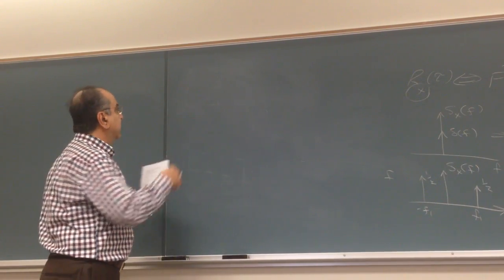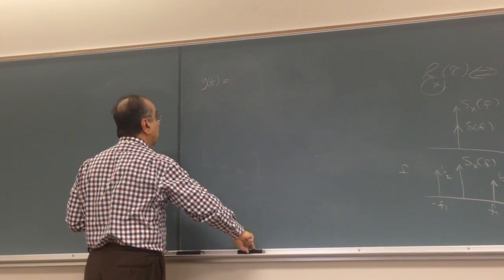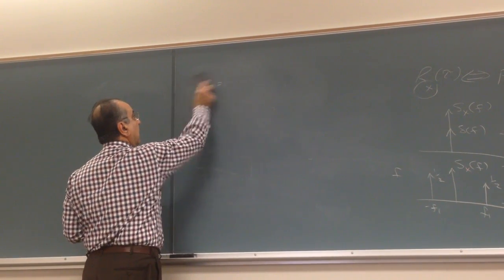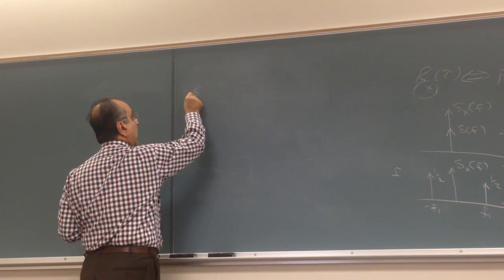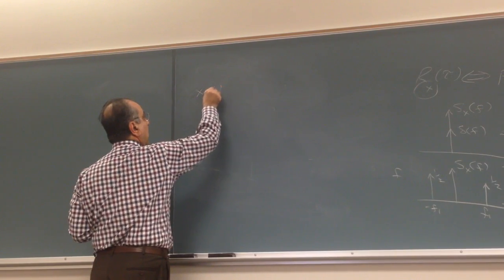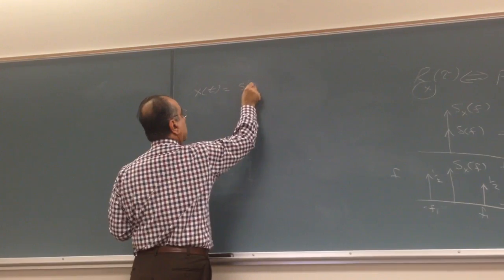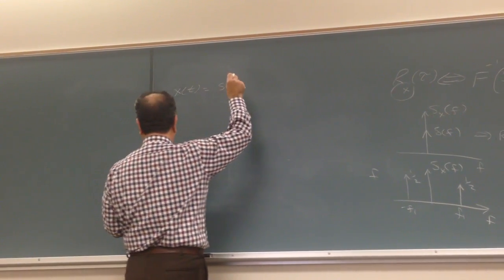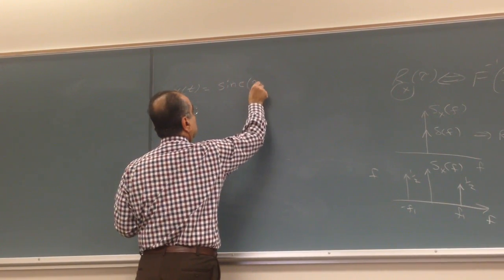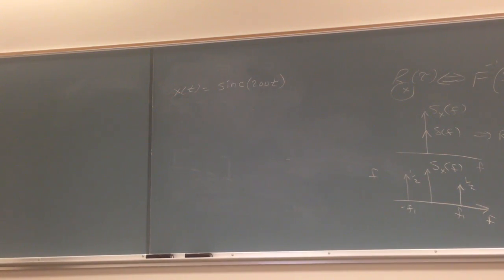Let's say this is the signal you have in the time domain, x of t, and I ask you to find the Nyquist rate for this signal.